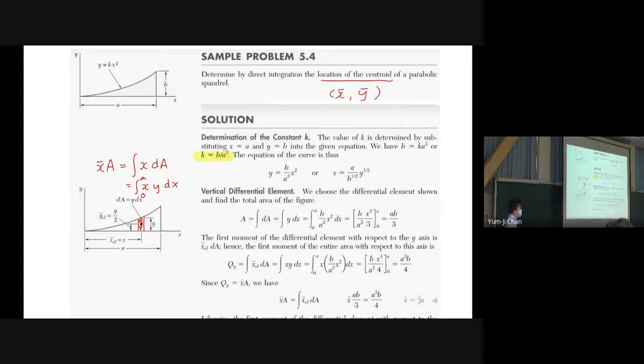This is what we need to do to determine x bar.